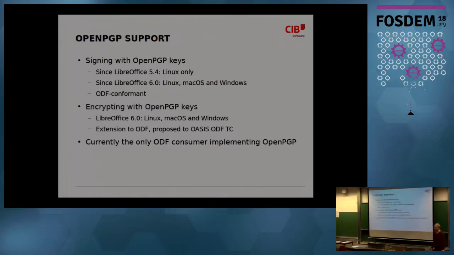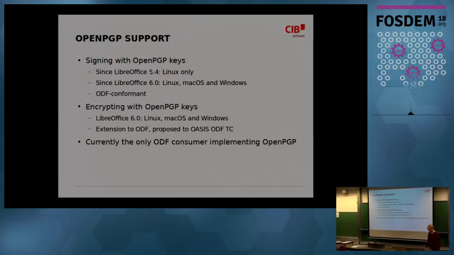Then encrypting with OpenPGP keys was the second feature. So you can not only sign, you can encrypt so that nobody can see the document unless you encrypted it for him or her. This needed, as Torsten said, an extension to ODF, but it will be proposed, or is already proposed, to the TC.